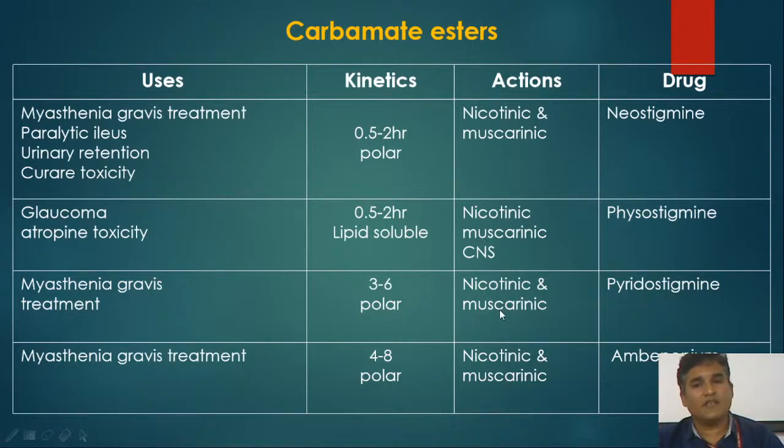Pyridostigmine is the same kind of drug as neostigmine, polar, with a half-life of 3 to 6 hours, a good half-life as compared to neostigmine, and a good drug for myasthenia gravis. There is no need for the frequent administration needed in the case of neostigmine. Ambenonium is another drug for myasthenia gravis, with a similar half-life of 4 to 8 hours.